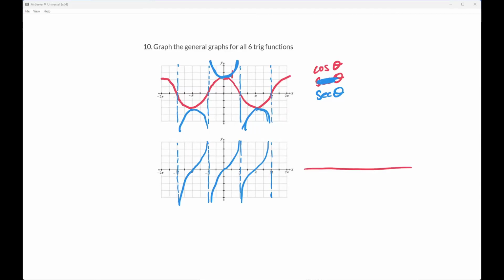I'll do it here. The asymptotes are going to be here, starting at 0, pi, 2 pi, and it's going to be going this way. Okay, so the red is cotangent, the blue is tangent. Okay, so just be mindful of those.